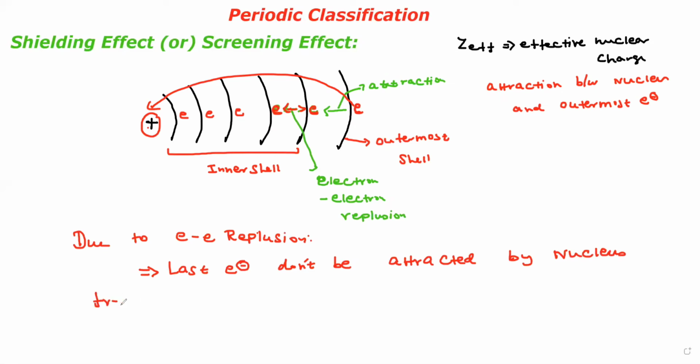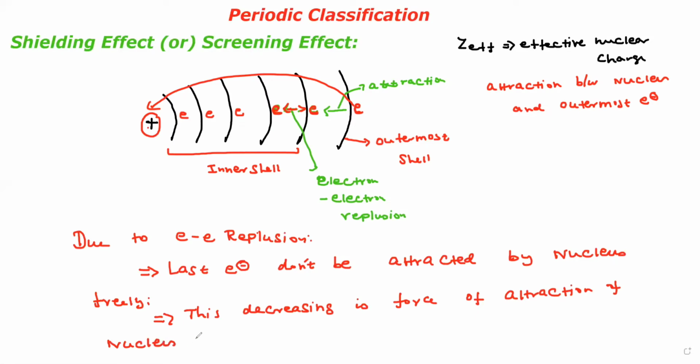This decrease in the force of attraction of the nucleus by the electrons is called the screening effect, or shielding effect. Screening effect we call S.